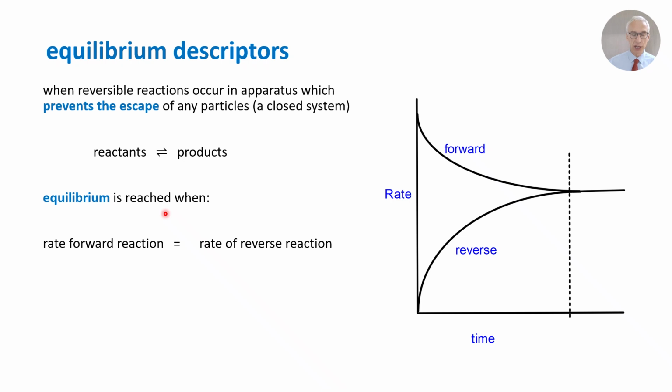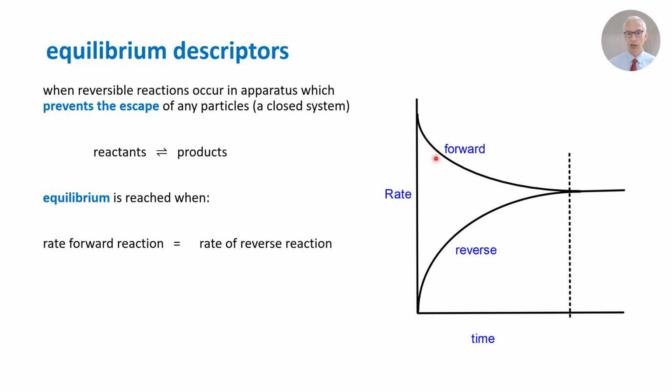Equilibrium is reached at a point when the rate of the forward reaction equals the rate of the reverse. So if we start off with looking at this graph here, rate of reaction against time. So we've got a high rate of reaction for the forward reaction. The reverse reaction is 0. There isn't any product to reverse.